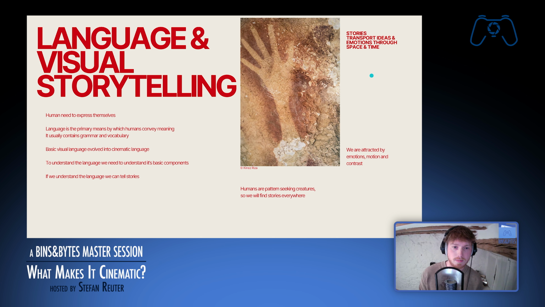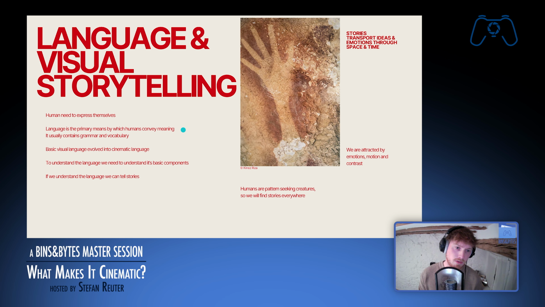So stories are there to transport ideas, emotions through space and time. So it's kind of a human need to express themselves. And we express ourselves through language. It's a primary means by which humans convey meaning. And it usually contains something like grammar and vocabulary, right?